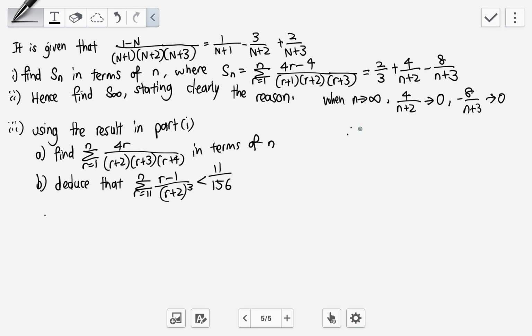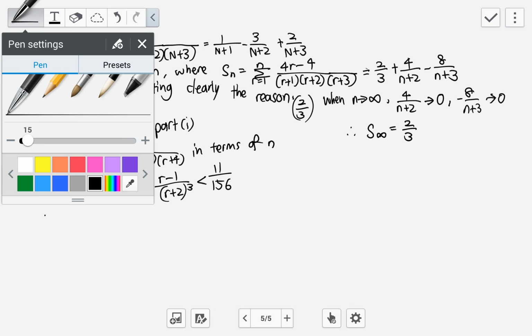Therefore, s infinity is just equal to 2/3. So I will write 2/3 as the answer here and leave it first.